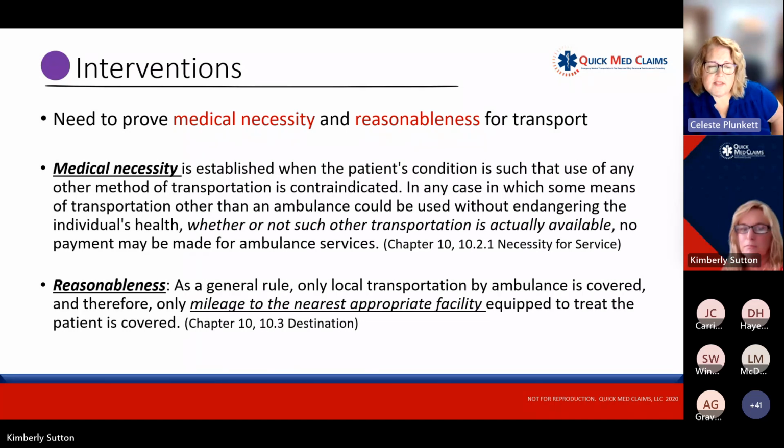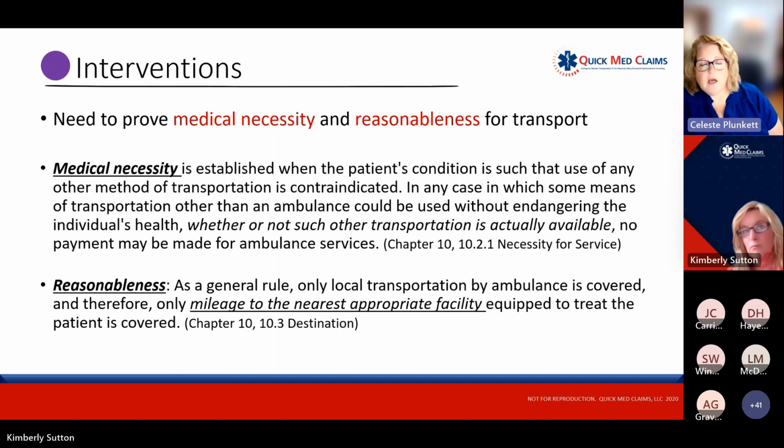And then reasonableness is, did you go to the closest, most appropriate facility? So there is a locality rule. A lot of your trips, if you're going into Charlotte from an outside hospital, even though you may pass one, there is a locality rule, but again, you don't want to bypass Charlotte and go somewhere further when the services were available.